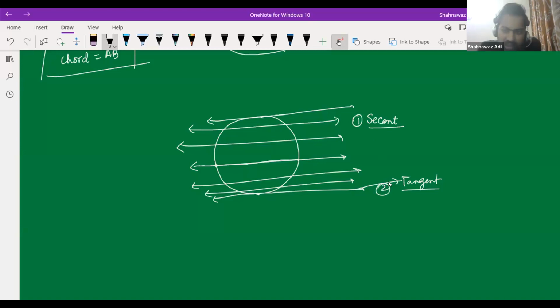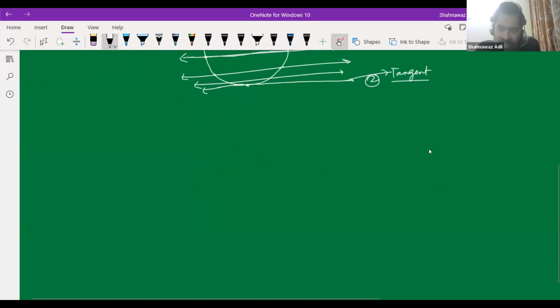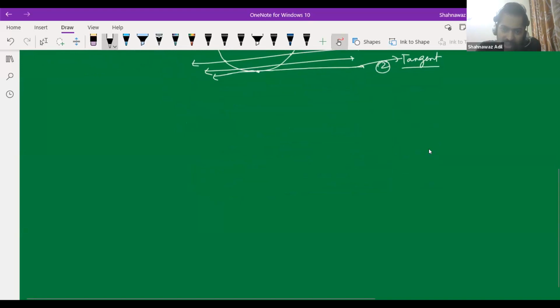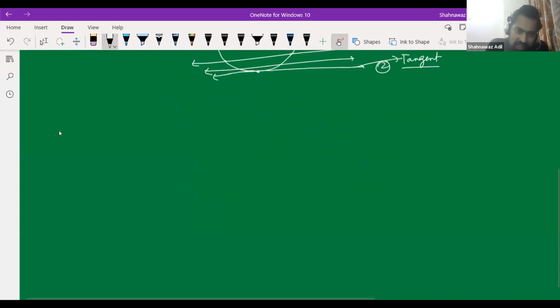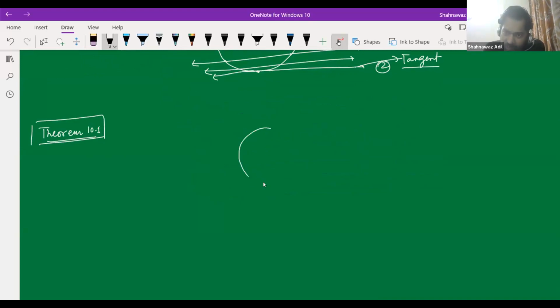The other thing that we have to understand in the first exercise is the first theorem. I will not write the definitions, as you already know what these things are. This is theorem 10.1. Let's say we have this circle and we draw a tangent to it.